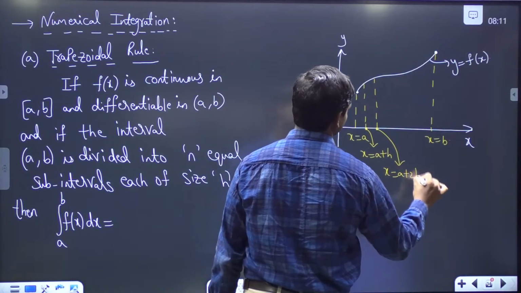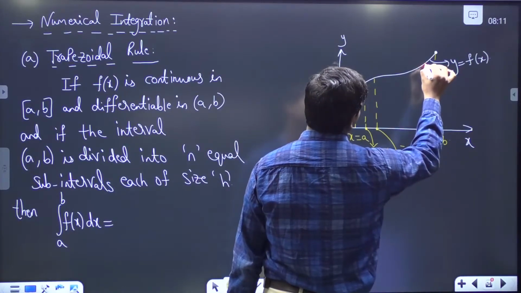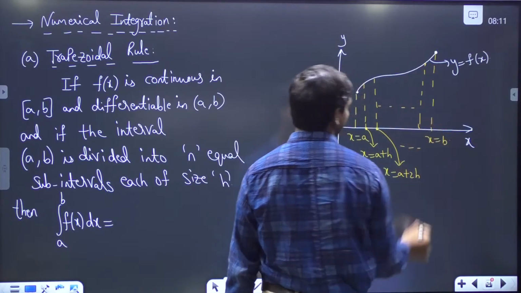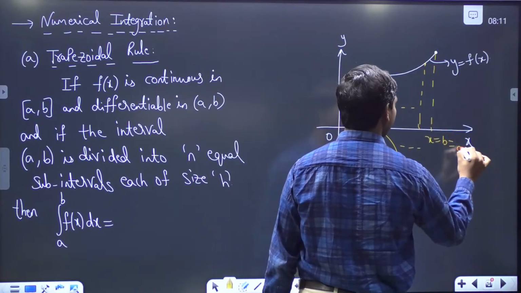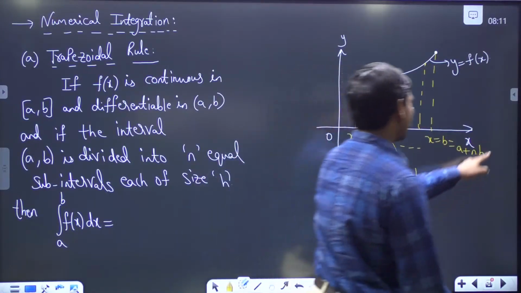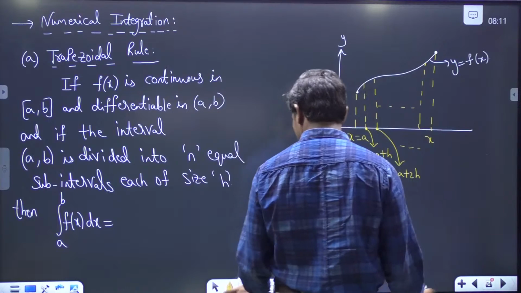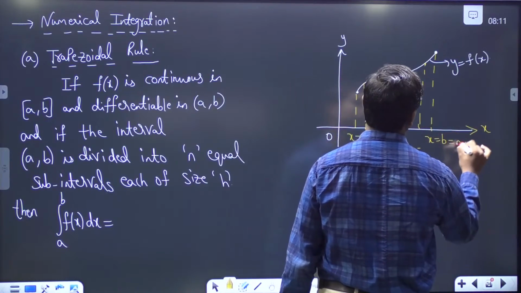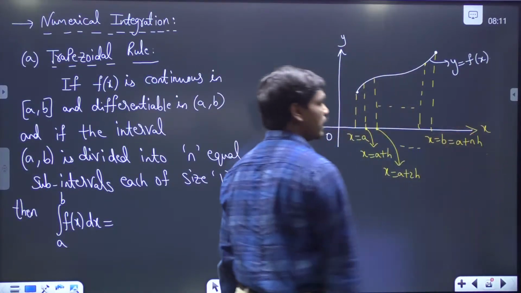Finally, after some finite number of steps, this b is equal to a plus nh. So x is equal to b, which is a plus nh.